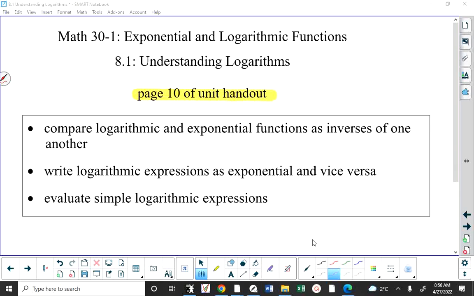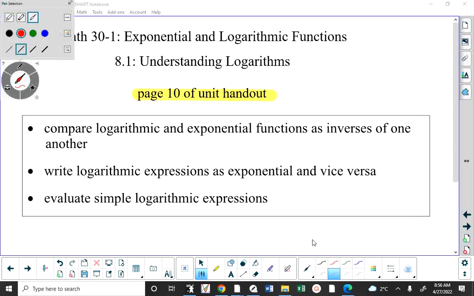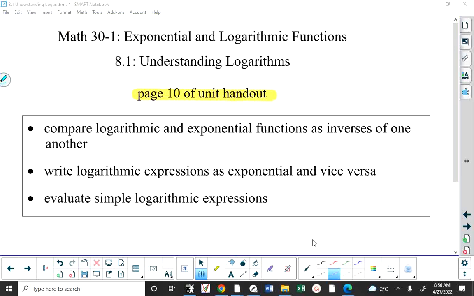I want to make a distinction here between the first objective, the first bullet that you're looking at on the screen, and the second one. We'll get to the third one in a second. This first bullet is talking about two different things.